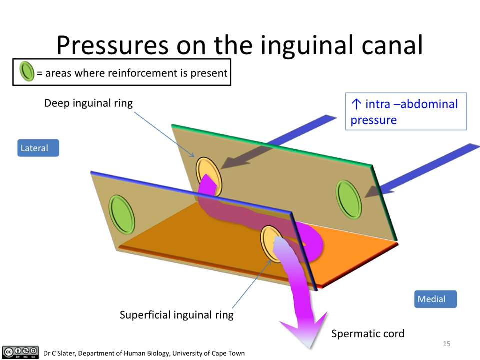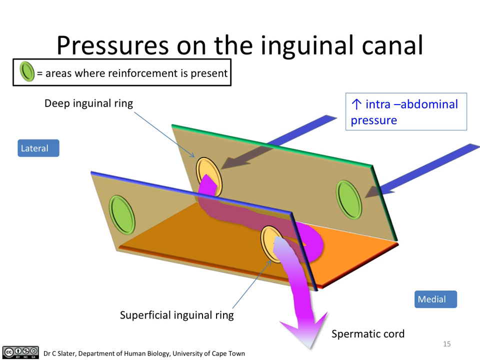As part of everyday life, there are periods when we're going to have an increase in intra-abdominal pressure, particularly when we cough, or if we laugh, or if we strain while defecating or urinating. And that pressure will cause the mobile organs in the abdomen to push up and try and exit through the defect in the deep inguinal ring.